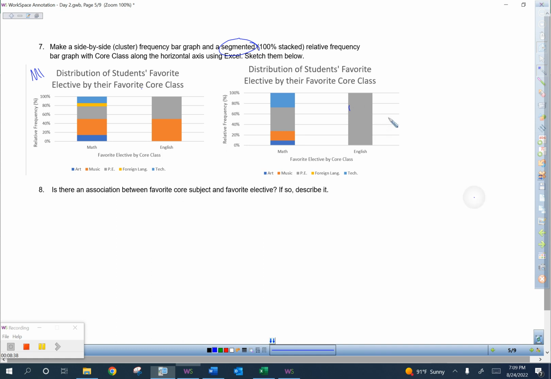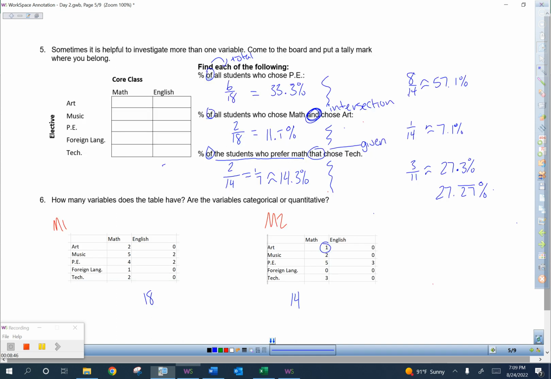So this bar I'm going to start with is talking about 100%, and it's focusing just on English. Okay, so if I go back to that table of values, it's saying from my English column I have 3 total people, and I was just focusing on one particular group. That was talking about PE. And 3 out of 3, so 3 people who were in PE and English, that was the 100% of the bar.